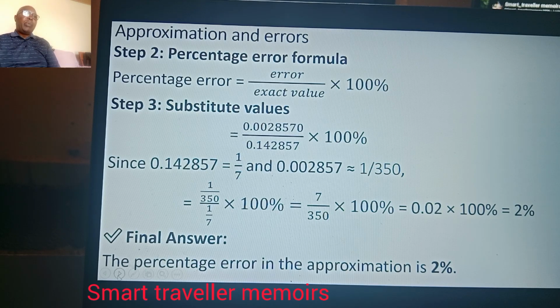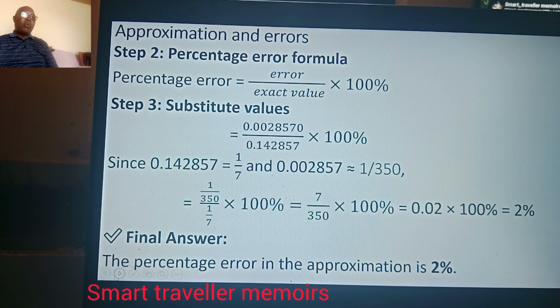Step 2, percentage error formula. Percentage error is equal to error over exact value times 100%. So substitute the values. 0.002857 over 0.142857 times 100%.